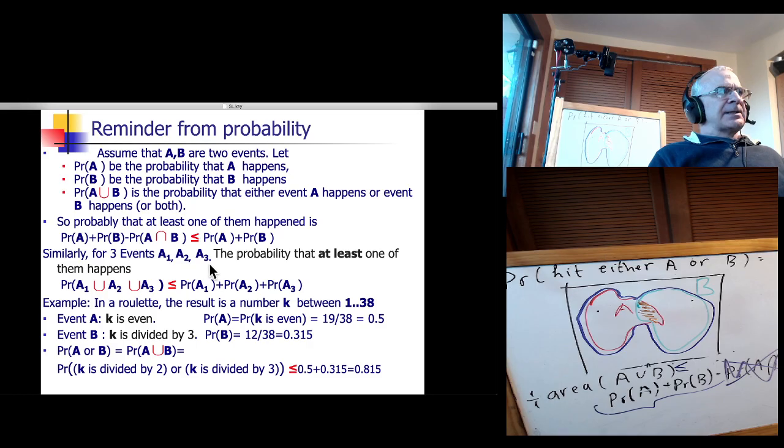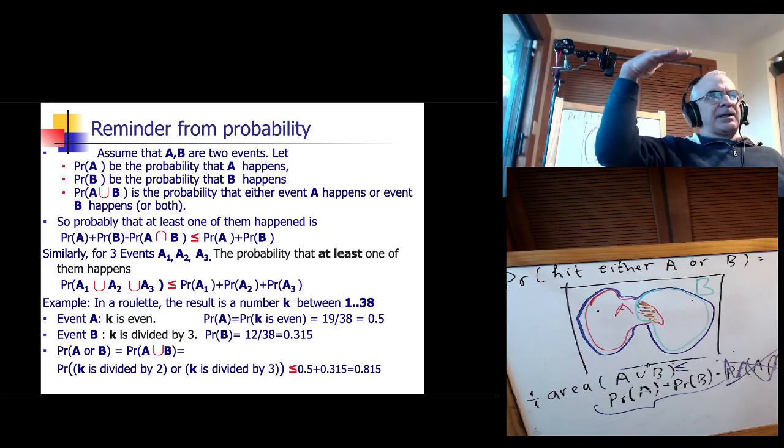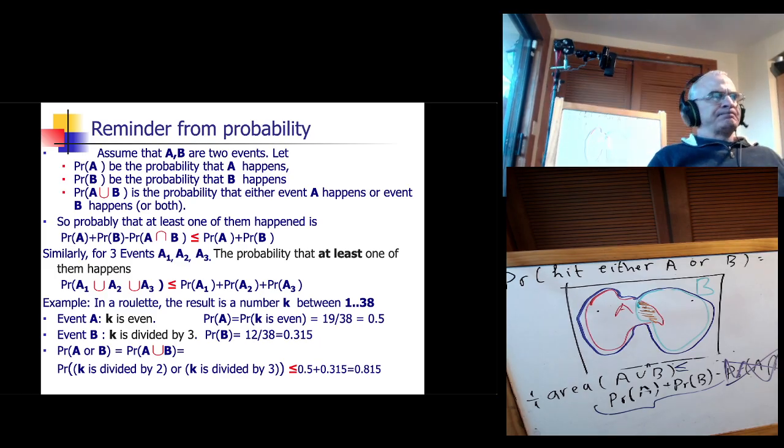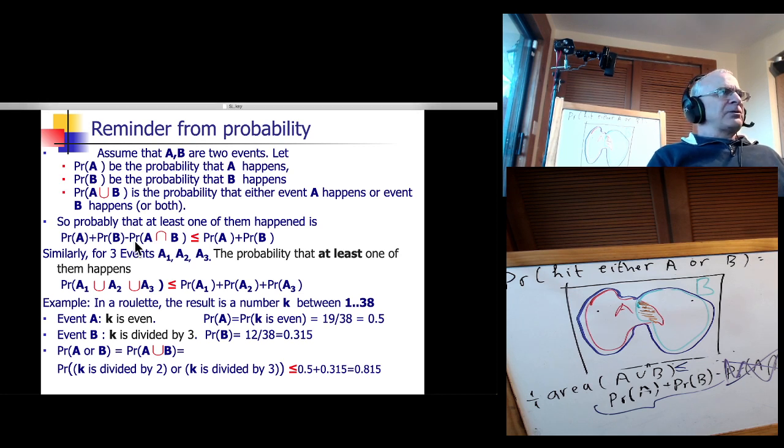Everybody understands the message that if I'm ignoring this correction term, the probability that both A happens and B happens, then I'm just overshooting. I'm getting a number that maybe is too large, but it's definitely larger than the true answer. Now, why do I want to ignore this number? Because if I only have 2 events, A and B, then it's quite easy to have the correction: probability of A plus probability of B minus probability of the intersection.